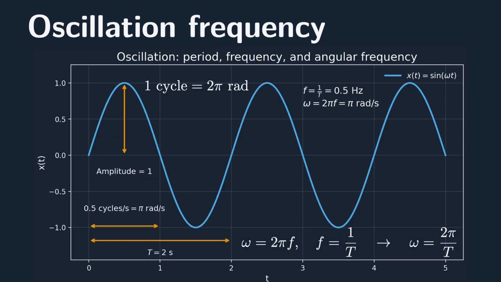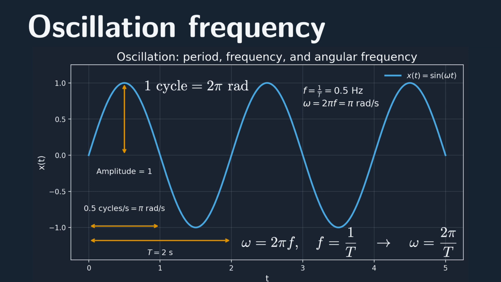This figure shows a simple oscillation, x of t equals sine omega t, plotted over time. The amplitude is 1, so the oscillation varies between positive 1 and negative 1. One full cycle takes 2 seconds, so the period is T equals 2 seconds.